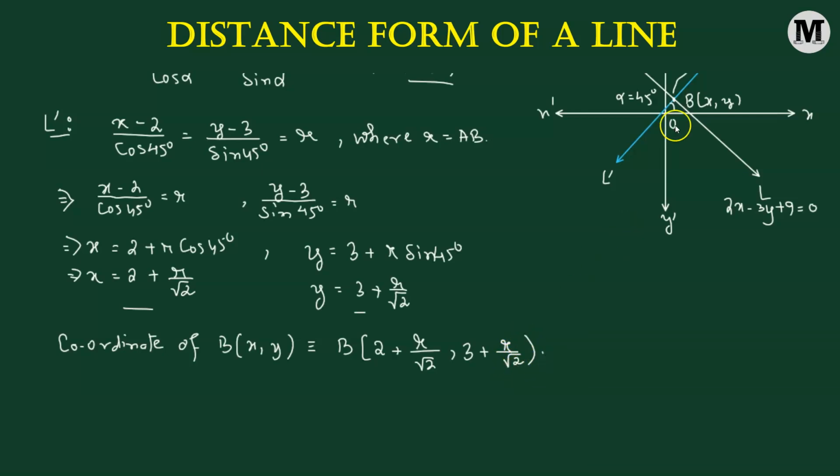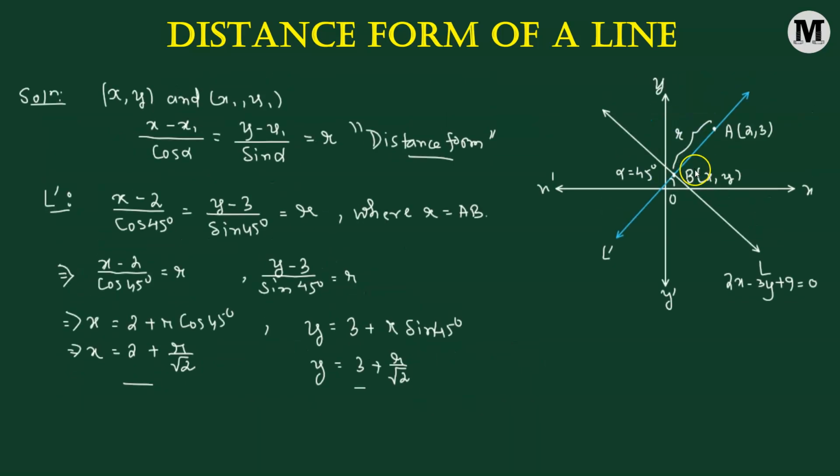Fine. Now that we have parameterized the point B, in the figure we can see that the point B is going to lie on the line 2x minus 3y plus 9 equals 0. So we can say that the point B is going to satisfy the equation of the line. In other words, whatever parametric form of x and y that we obtain, we're going to substitute in place of x and y in the equation of the line L. Let's do it.